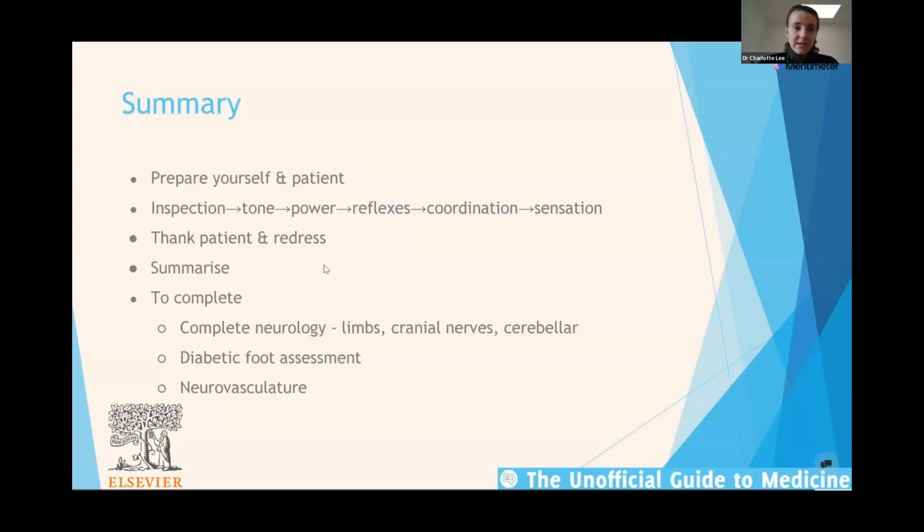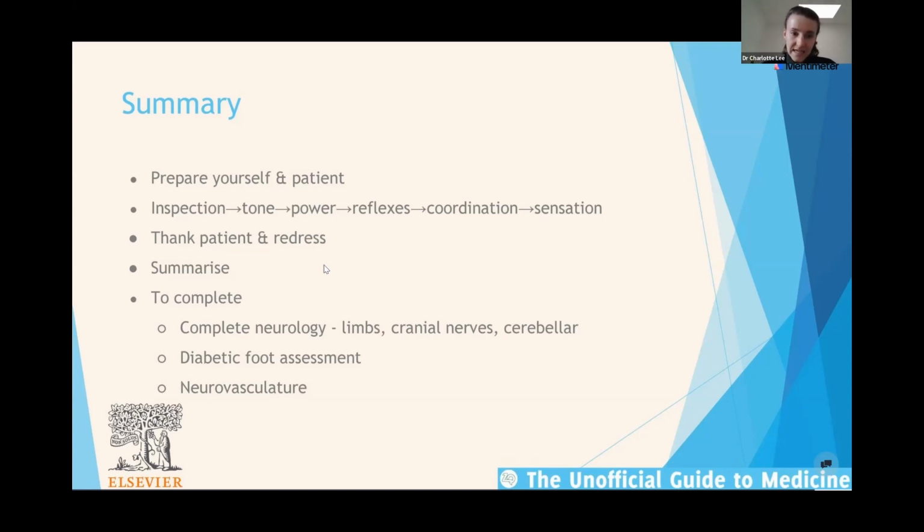So there we go, a quick summary. As always, prepare yourself and the patient and then move through your structure, whatever order that might be in, but make sure it's organized. You'll always then thank your patient and get them to redress and summarize your findings with the relevant positives and important negatives.